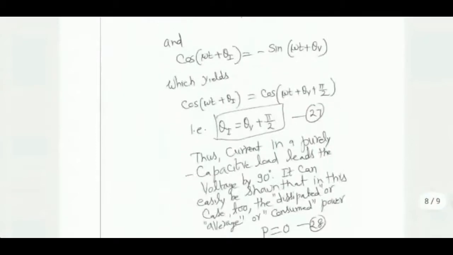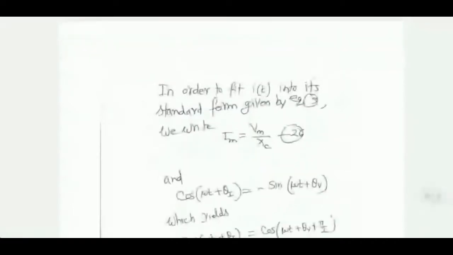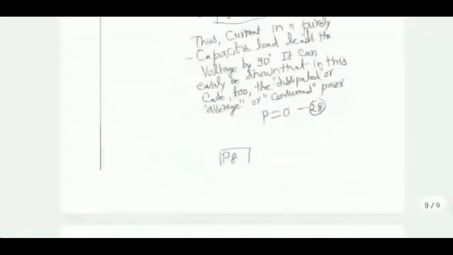So we say that current leads the voltage by 90 degrees. You can multiply small v by small i and take the average over one full cycle, you will get 0 again. Try to do it yourself. So a pure capacitor also does not consume any power.